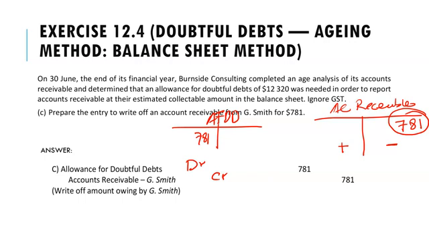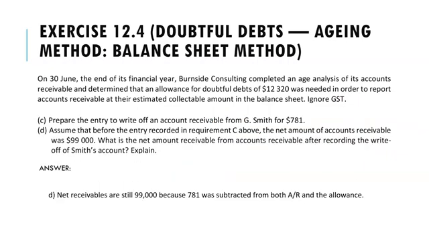Account receivable is the amount of money that you expect to receive in the near future. If something happened to your customer, your account receivable amount will reduce. You cannot collect the money, so the amount that you're going to receive reduces. That's why in this example, I credit the account receivable account.